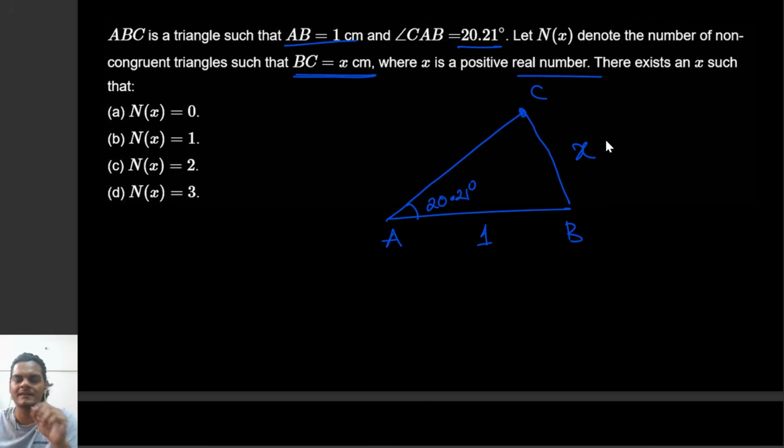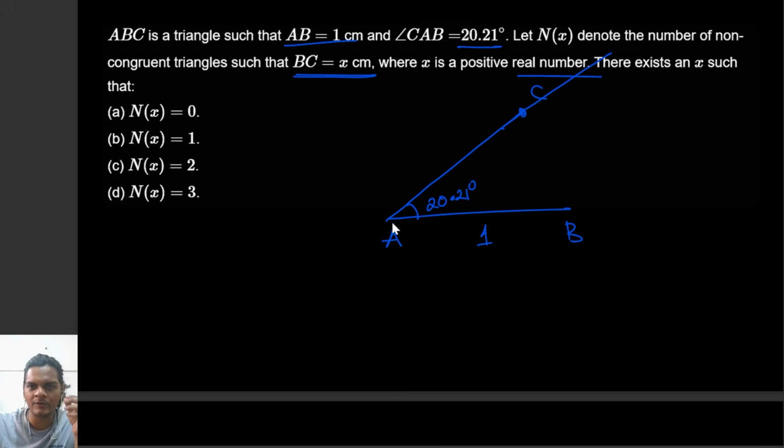So how many triangles are possible? You have to note that this is SSA, or ASS, whatever you want to spell it out like. So we will observe something which probably you never wondered why. Now we are just given this angle. This length could be anything.